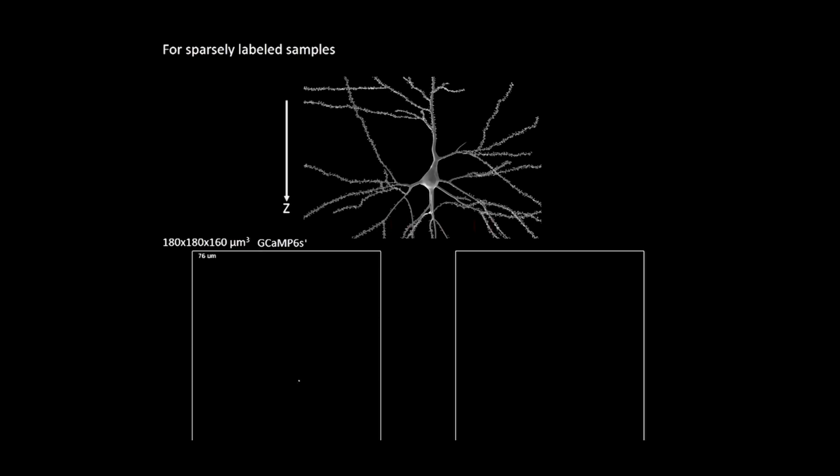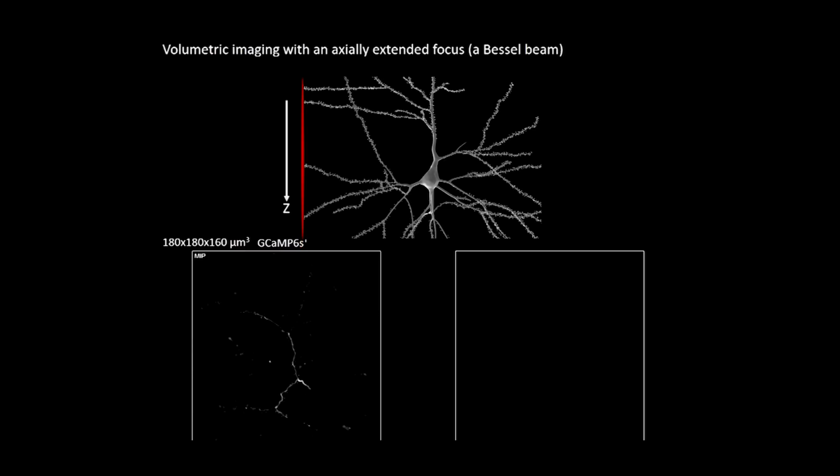So this means now we actually have a choice, which is specifically true if you have a sparsely labeled sample. You could do this conventional scan, and then for a sparsely labeled sample, you will spend lots of time looking at nothing. Or what you could do is stretch out your excitation focus so that by scanning this focus once in 2 dimensions, you will have a projected view of the same volume.